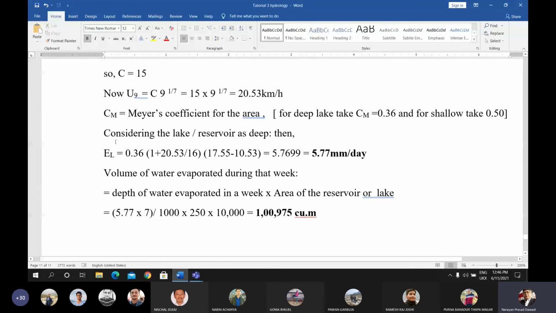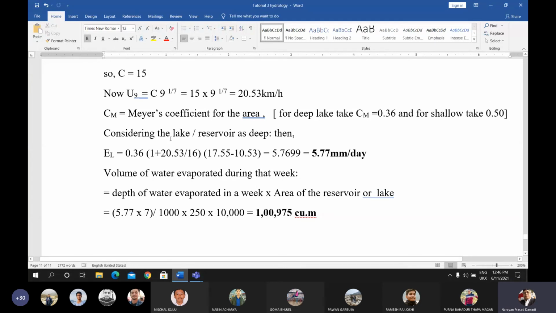Now, considering the lake or reservoir as deep, the Cm value will be 0.36 for the deep surface. For the shallow surface, the Cm value will be 0.50.